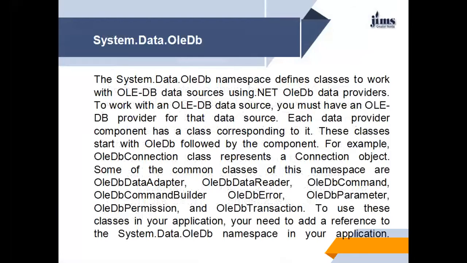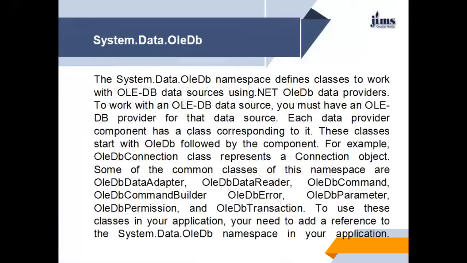Now, the system.data.oledb namespace defines classes to work with OLEDB data sources using .NET OLEDB data providers. To work with an OLEDB data source, you must have an OLEDB provider for that data source. Each data provider component has a class corresponding to it. These classes start with OLEDB followed by the component. For example, the OLEDB connection class represents a connection object.